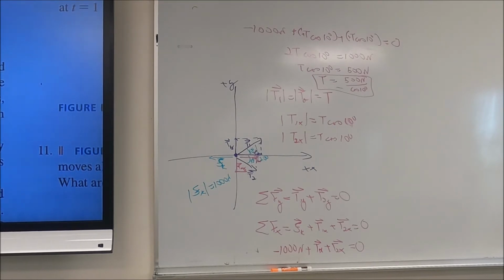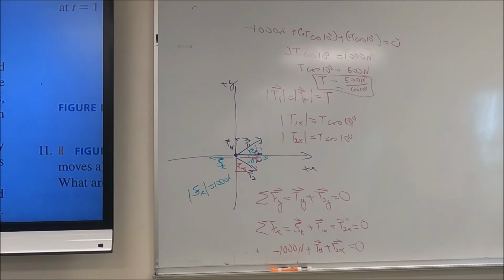Okay? Now, I think you're starting to get the idea about sum of the forces adding up to be 0. I think you can do those problems without me now.